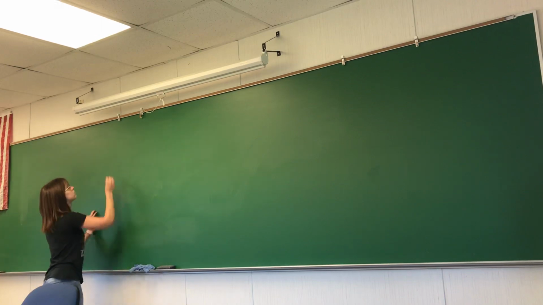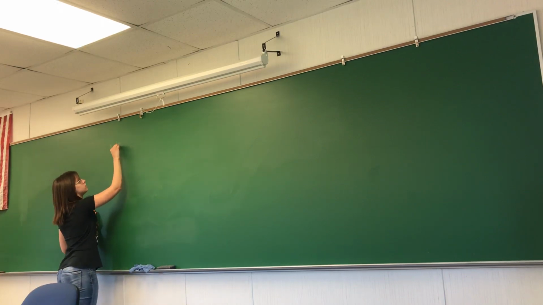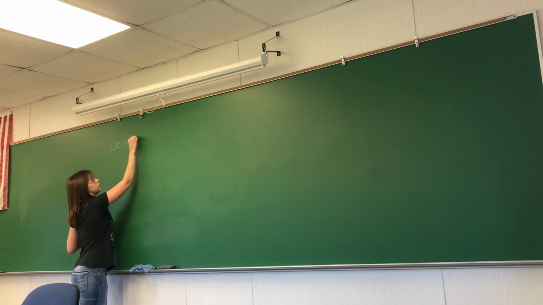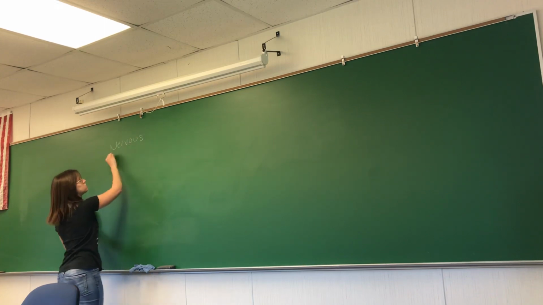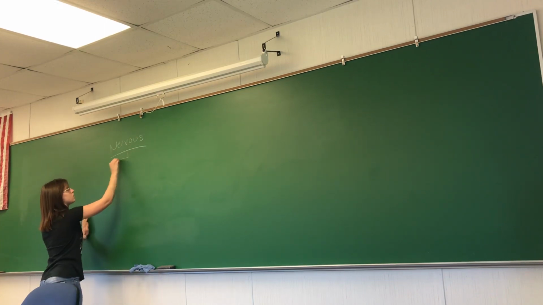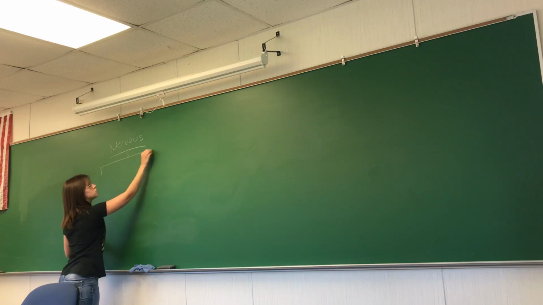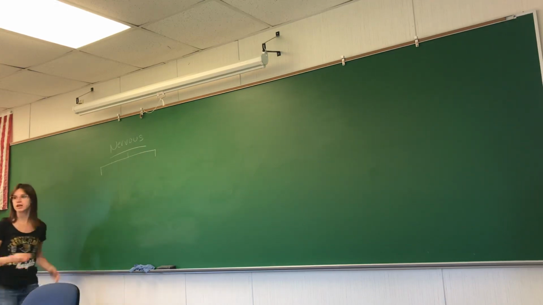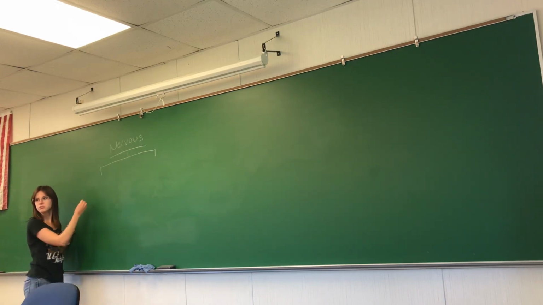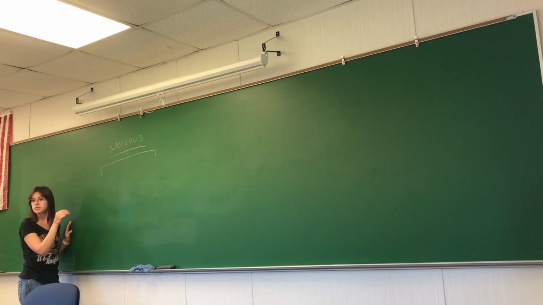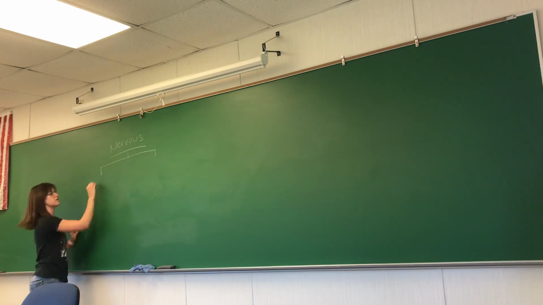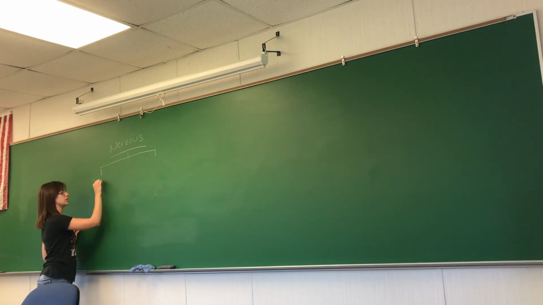So I have the nervous system, and two branches of the nervous system. We just talked about them. What are they? Sympathetic and parasympathetic? No, that's too specific. More general: autonomic and somatic. So I've got somatic over here.